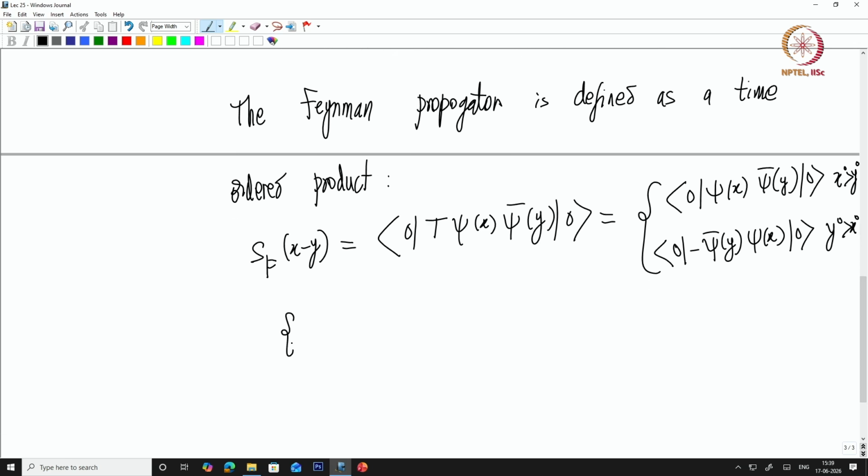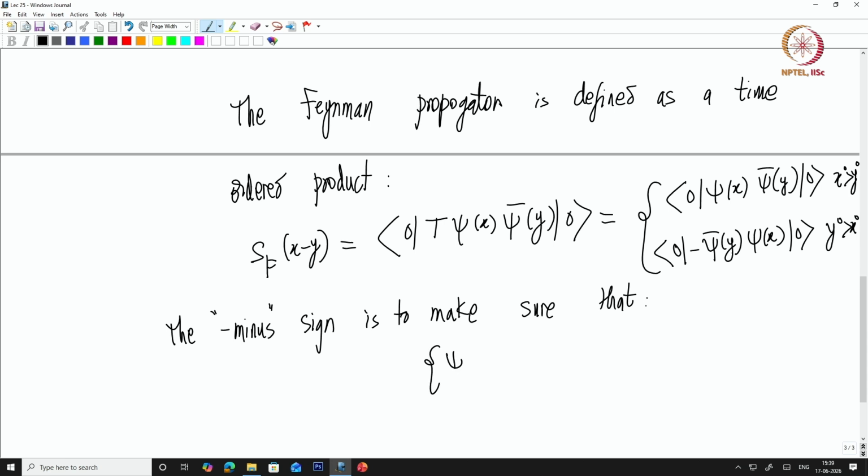Essentially the minus sign is to make sure it is 0 for all (x minus y) whole square, so outside the light cone.